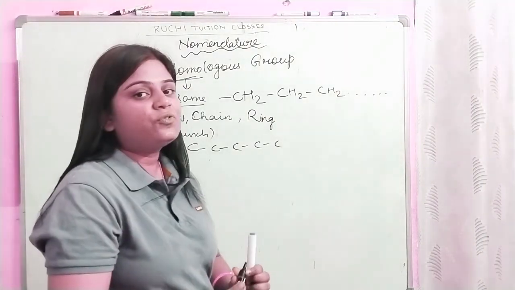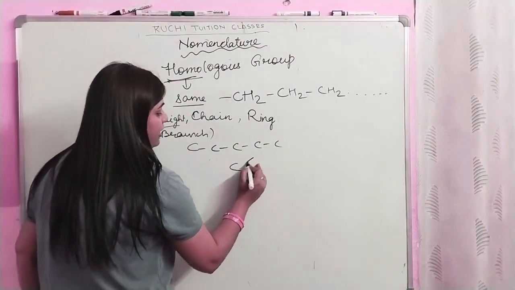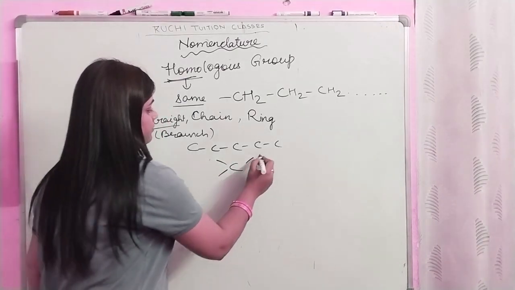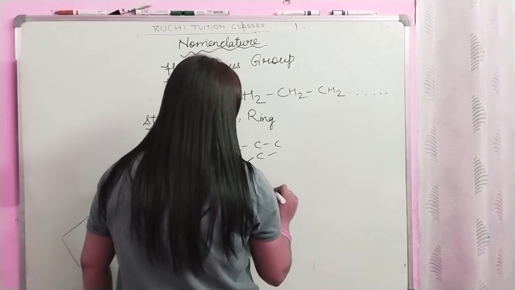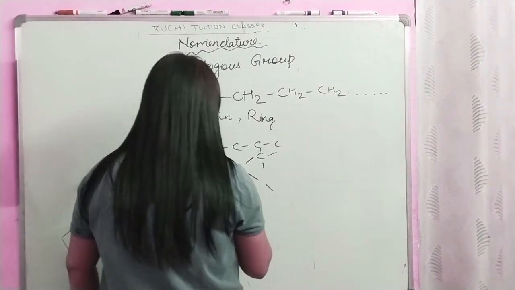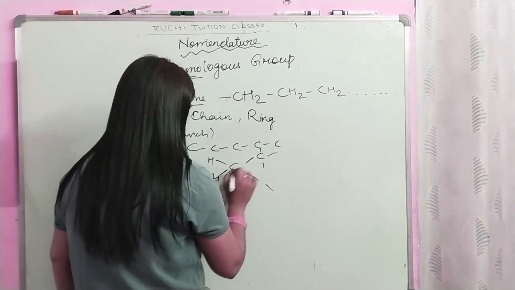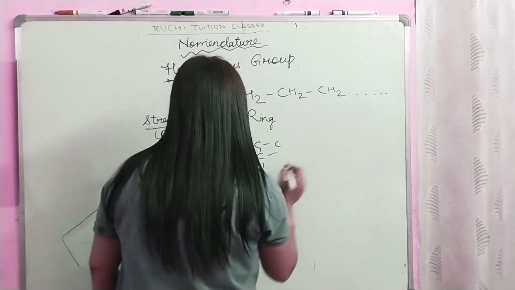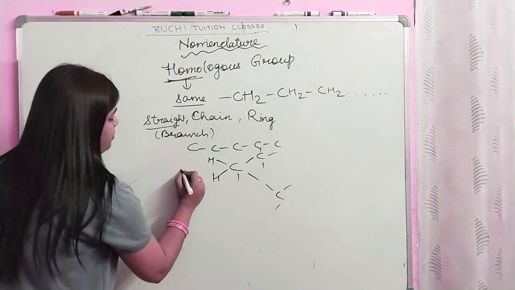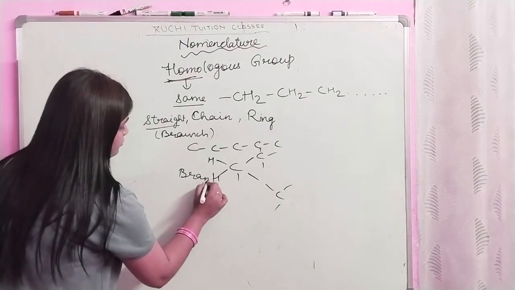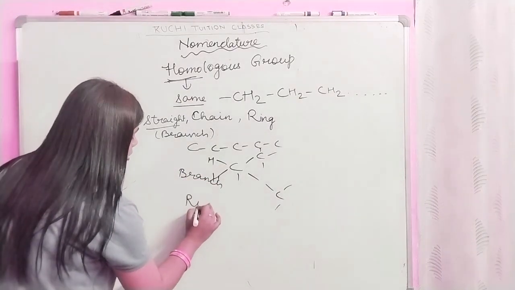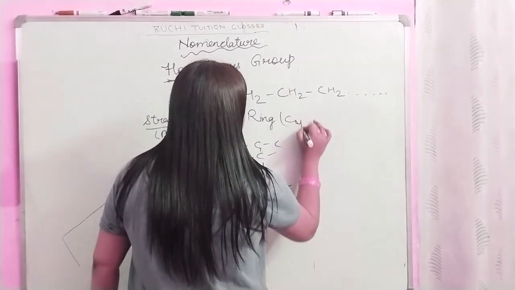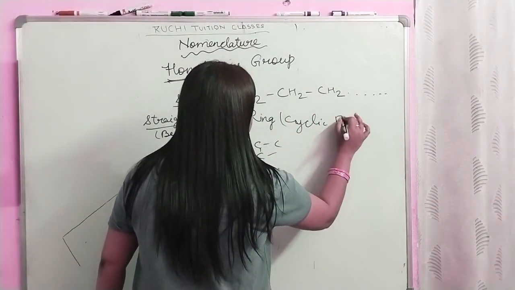In the branch form, the carbon will be in branch form. And the ring form is also known as cyclic form.